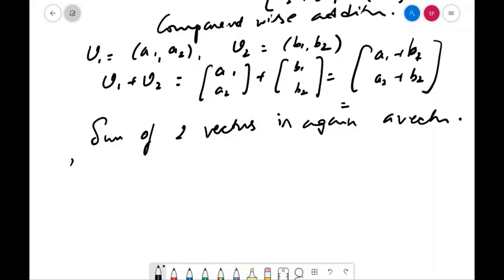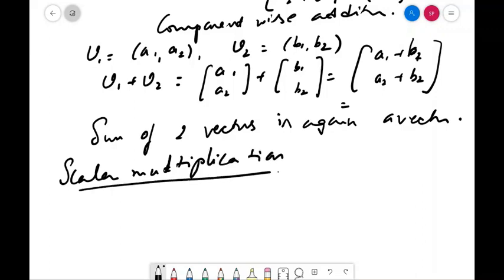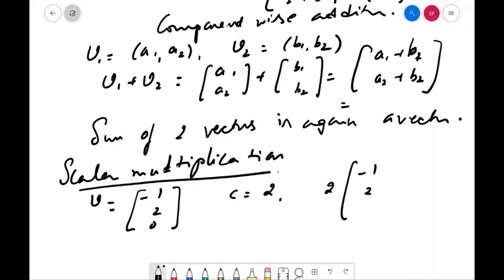Now let us see what scalar multiplication is. Suppose I have a vector minus 1, 2, 0, a column matrix or column vector, and I take a scalar C equal to 2, and this is vector V. Then how do I multiply 2 and minus 1, 2, 0? This is also a basic operation in matrices.